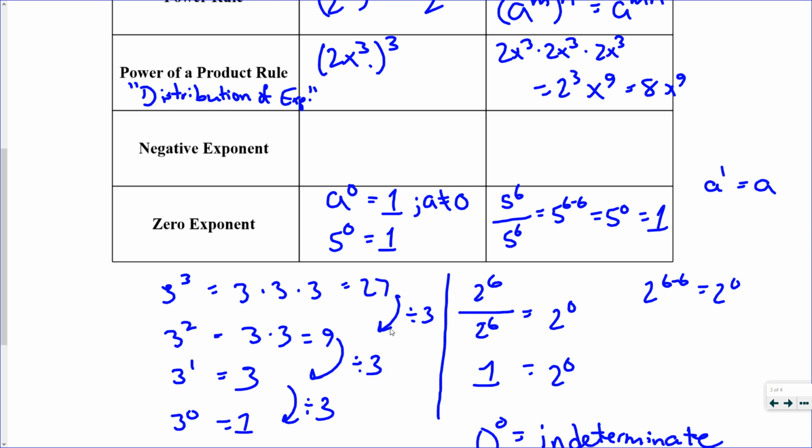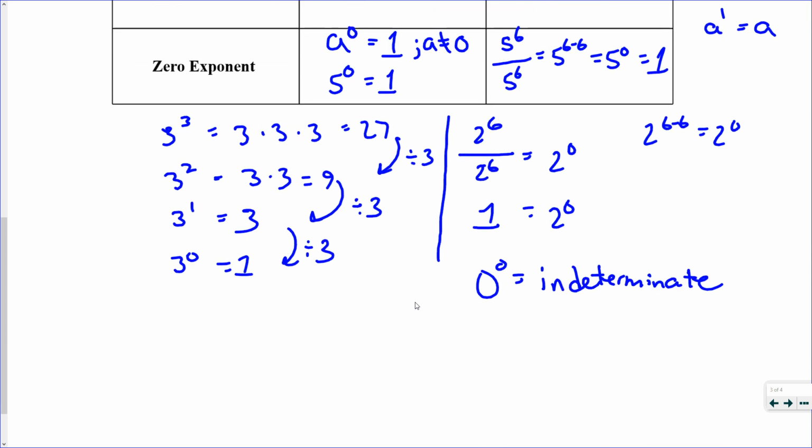So what happens with negative exponents then? What happens if this pattern keeps going? 3 to the negative 1. Could I keep dividing by 3? What would the next term be? 1/3. And the term after that?